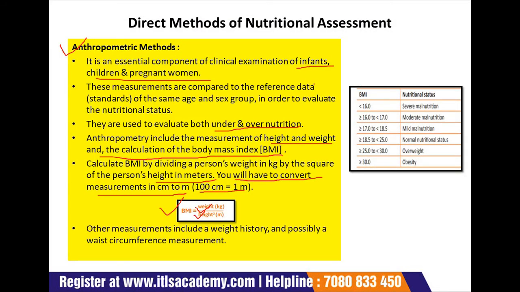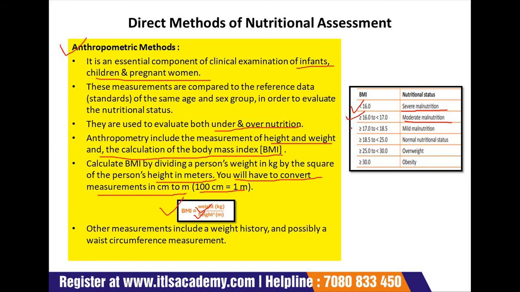As you can see in this picture, if BMI is less than 16, it indicates severe malnutrition. If the BMI is greater than 16 and less than 17, that means moderate malnutrition.